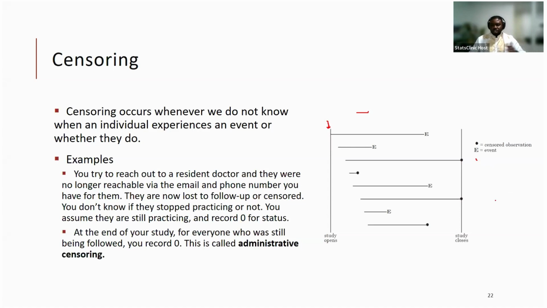You just say, we don't know whether they had the event while the study was ongoing. That is also called censoring, because at the time when you close the study, you didn't know whether they had the event or not. But this is called administrative censoring because it's based on when you decide to close the study.